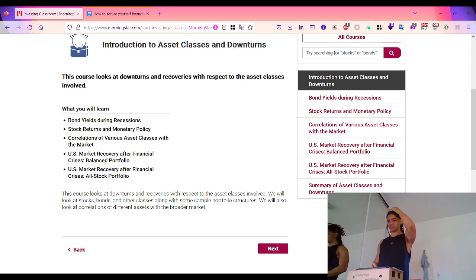We will look at stocks, bonds, and other classes along with some sample portfolio structures. We will also look at the correlation of different assets with the broader market.